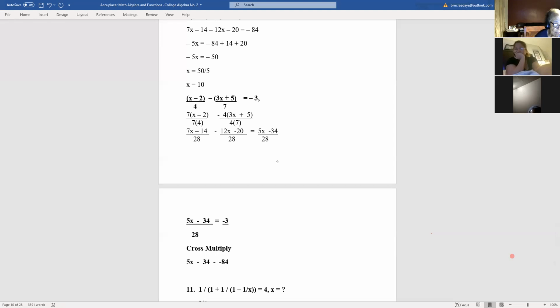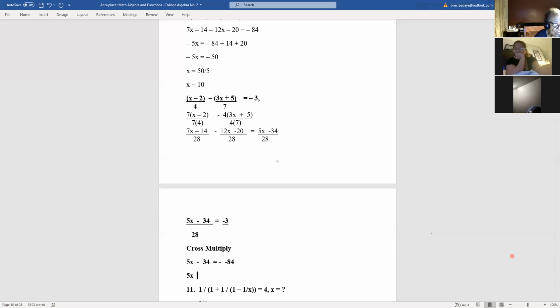So 5x minus 34 times 1 is 5x minus 34, and that's equal to minus 84. So 5x is going to be equal to what?